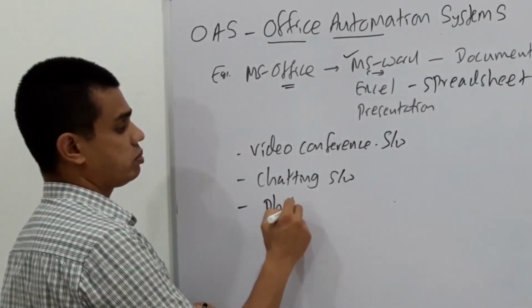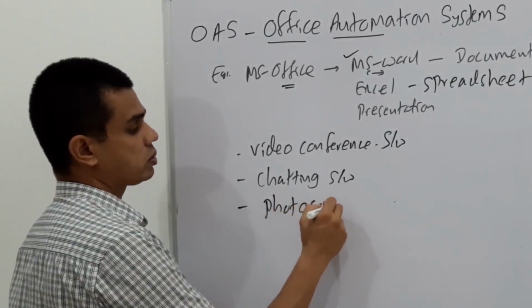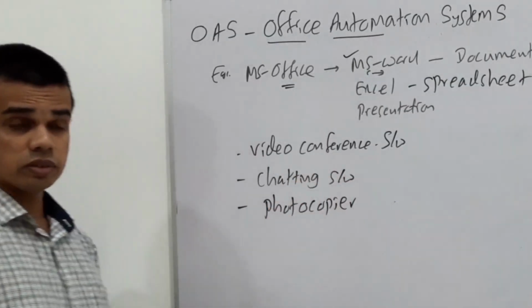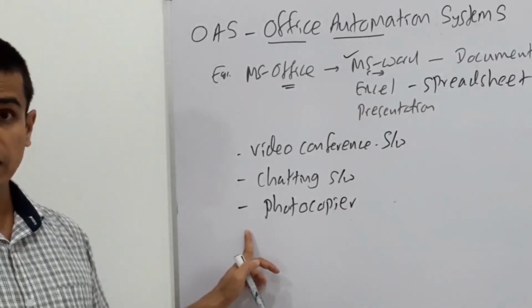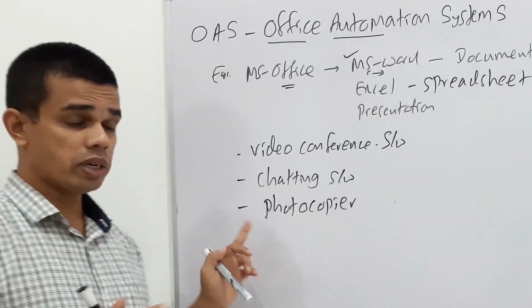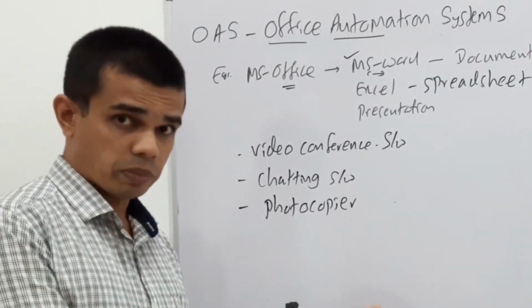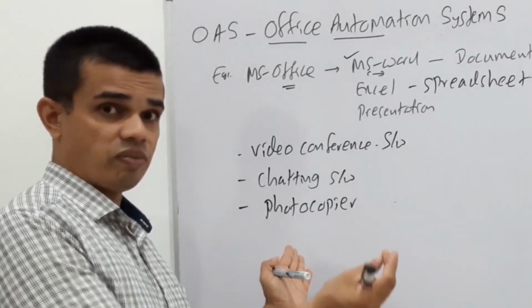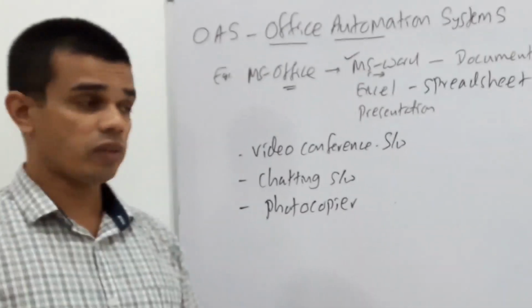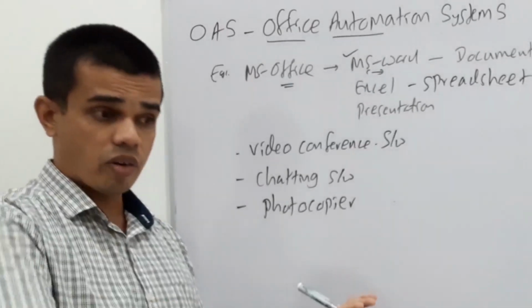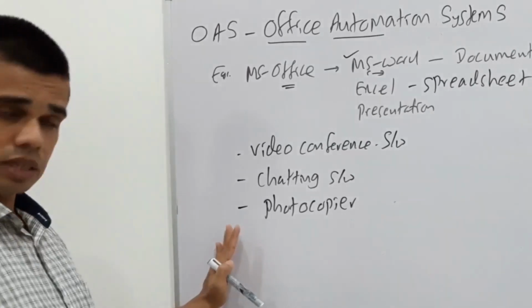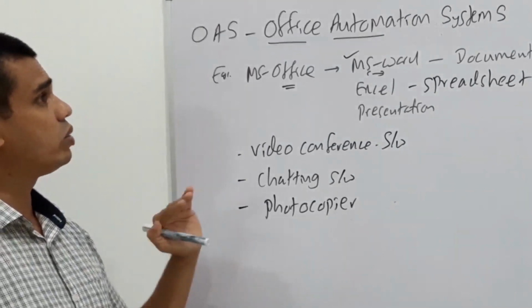Similar to that, we can go for the photocopier. That's not software, but the photocopy machine. Won't it make office activities automated? The best use is if the office needs a copy of a work paper, they can use a photocopier and get a copy within a few seconds. If not, they have to put in carbon paper and write on the original copy. That's trouble, but a photocopier will make your work easy.